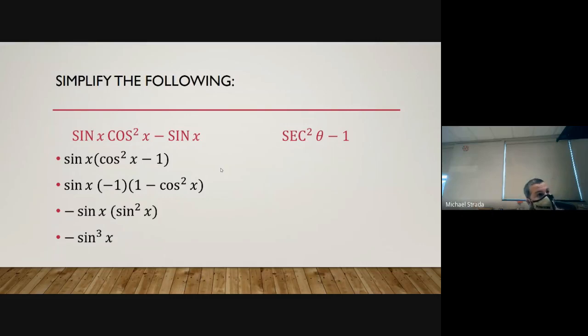So basically, if I get that 1 onto the other side, tangent squared equals secant squared minus 1. And you can identify that that and that are exactly the same. So that would be rewritten as tangent squared x. And you're done.